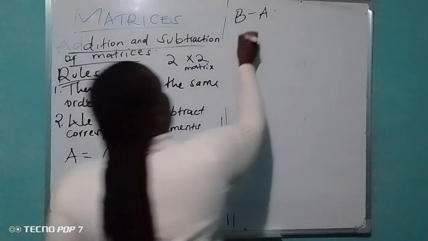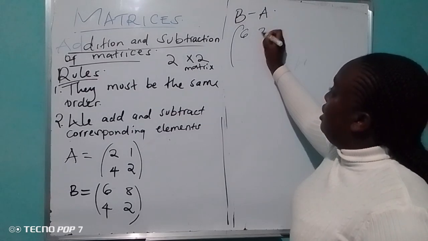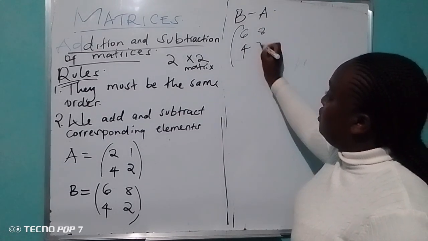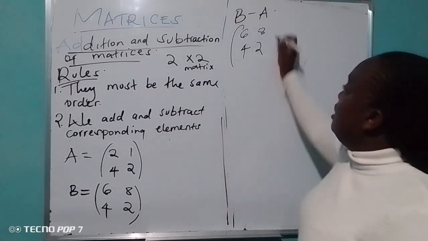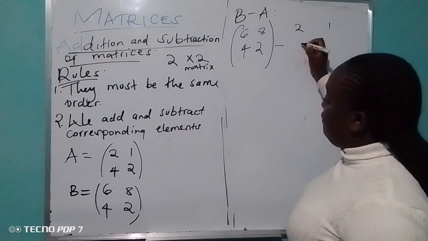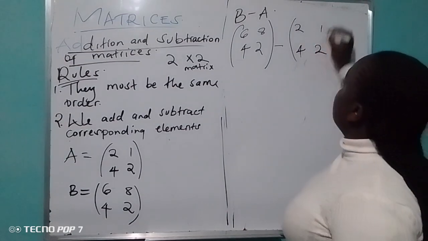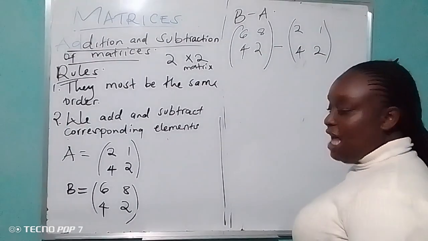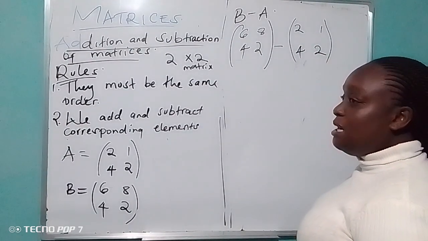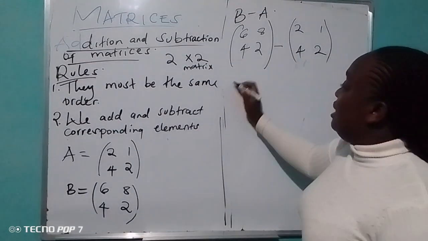What is B? B is 6, 8, 4, 2, minus A, which is 2, 1, 4, 2. When we want to subtract, how do we do it? We subtract corresponding elements.